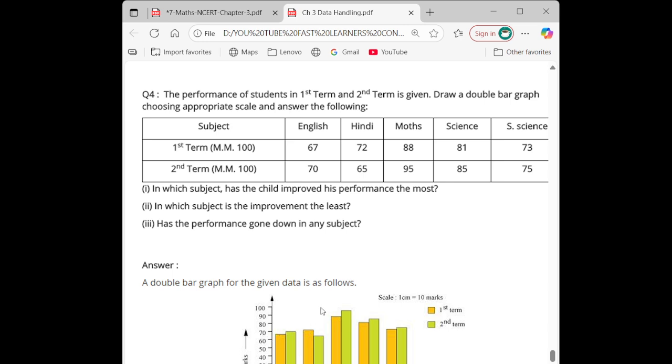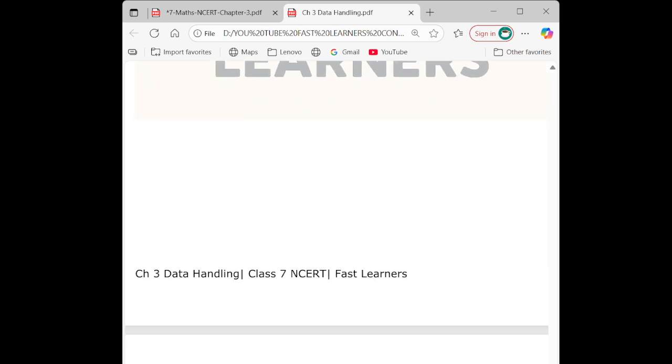You can use a graph where 1 centimeter has 10 millimeter boxes given, and in some of the graph 1 centimeter equal to 5 boxes are also given. I think if you take 1 centimeter equal to 10 mm, that will be easier for you to understand or plot the graph. So just plot the graph as per the data and then answer the questions.